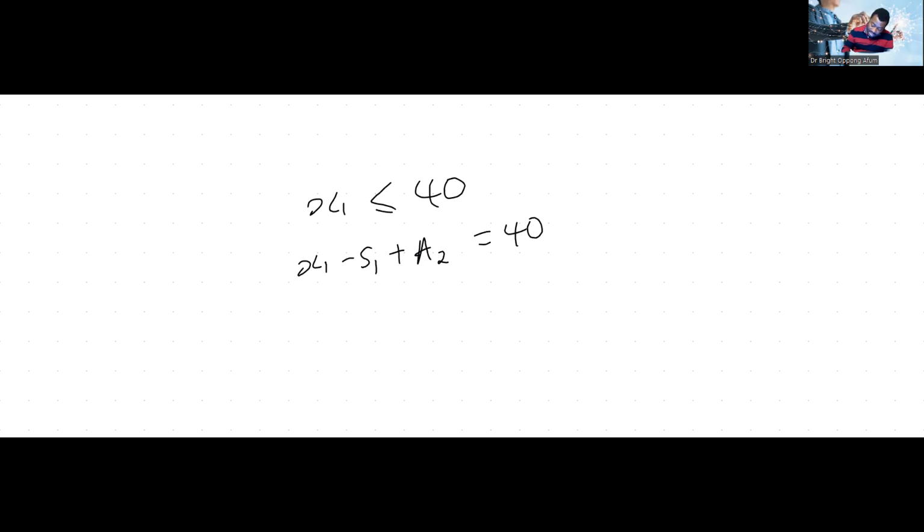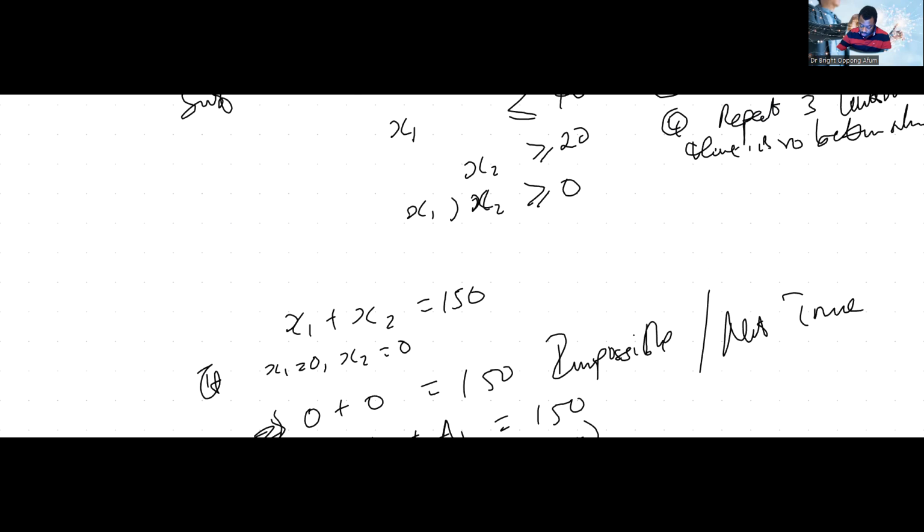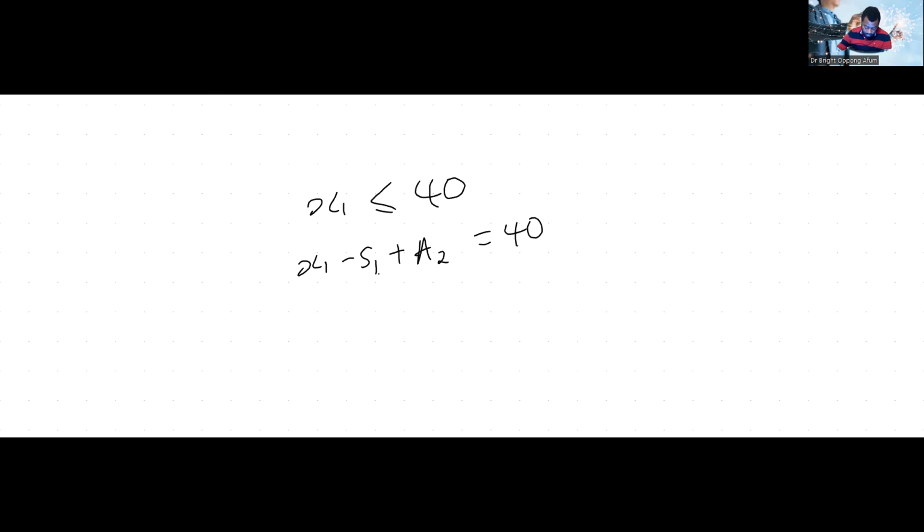Okay, so we are using s1 here, not because it's in the second constraint, but because it's the first time we are introducing a slack variable. So we are using surplus 1 or s1. So the next one will be, no, so this one is the minimize. This one is just like the maximization. So we got to.